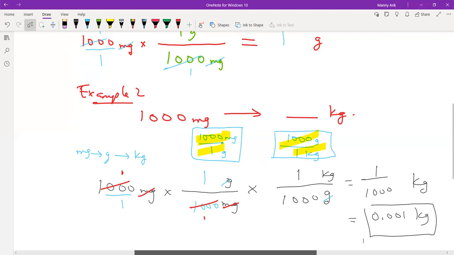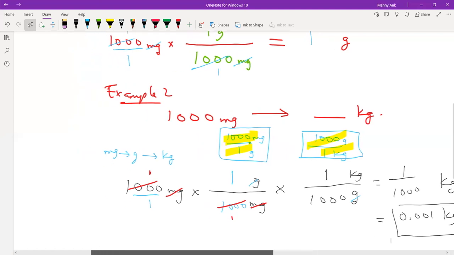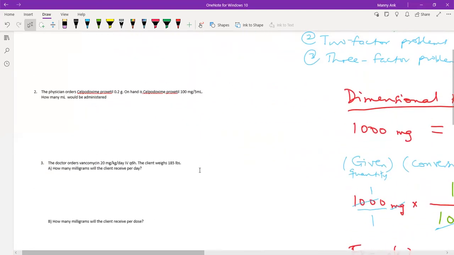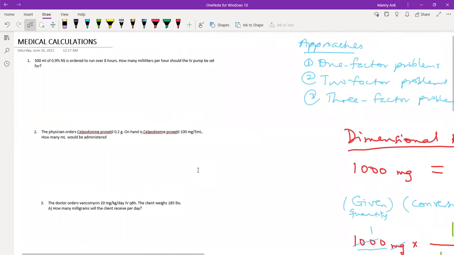All right, let's apply this to some other problems. The first question says that 500 ml of 0.9% normal saline is ordered to run over 8 hours. How many milliliters per hour should the IV pump be set for?